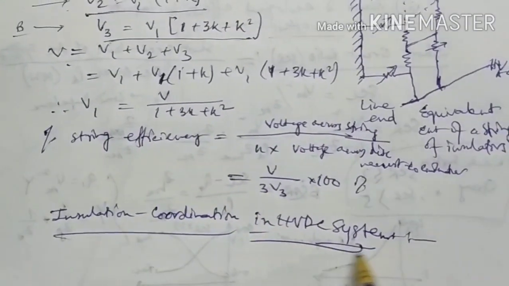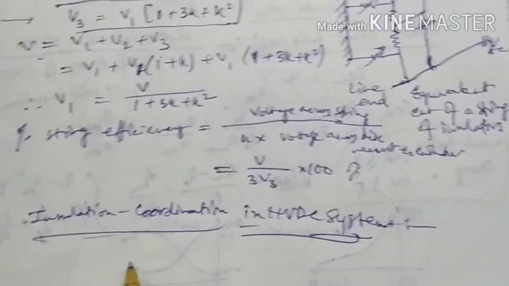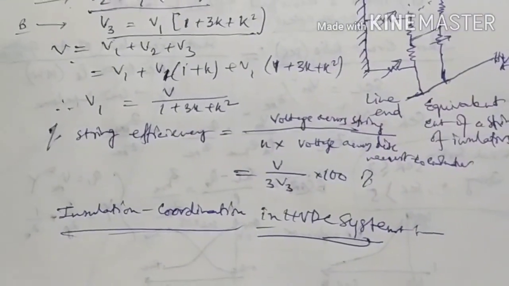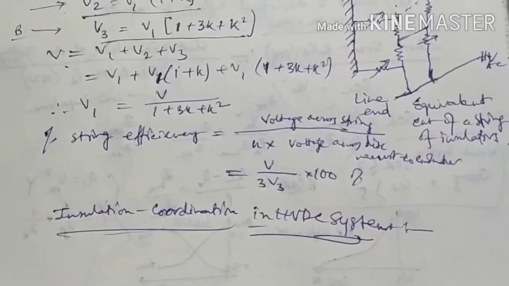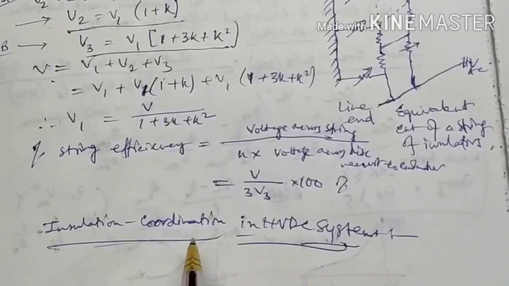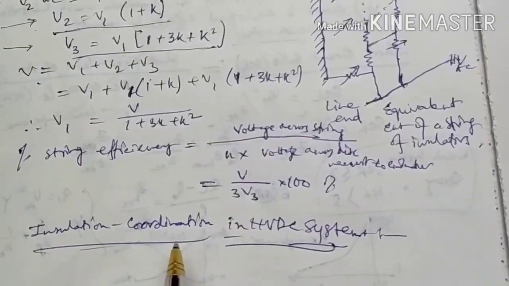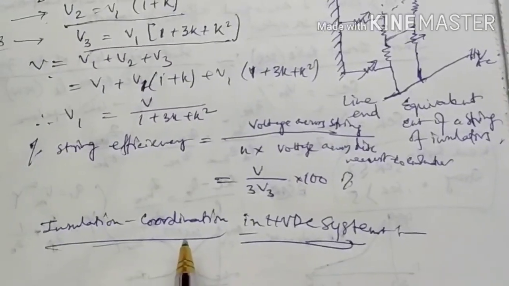What is insulation coordination? So insulation coordination is the correlation of insulation levels of various equipment of high voltage power system so as to minimize damage and loss of supply due to over voltages.